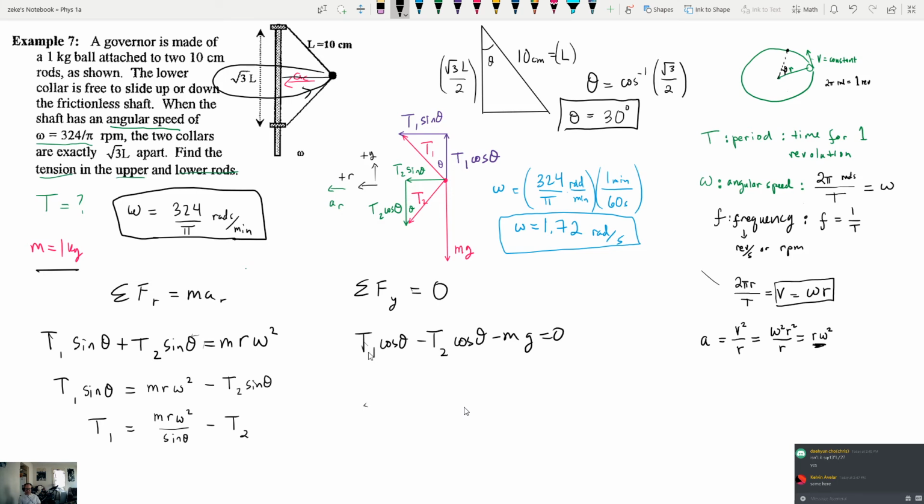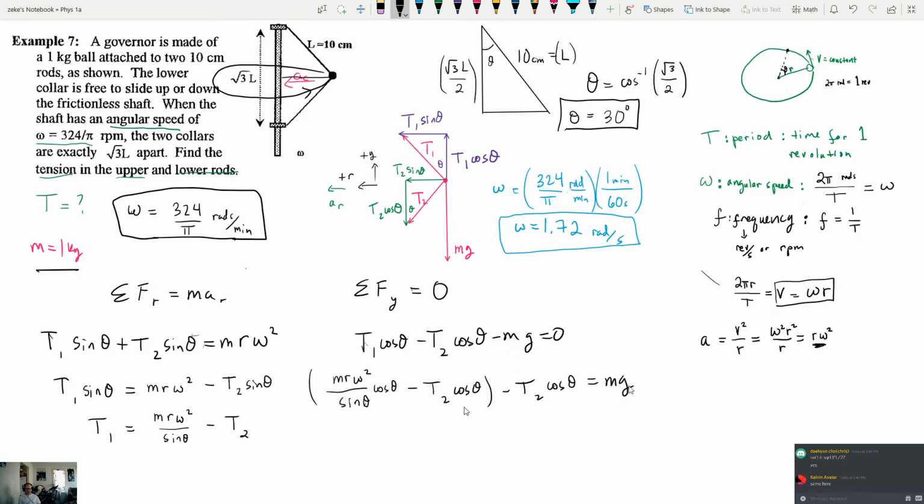If I then plug that in for t1 into this equation here, we are going to get, so I did two things in this step.